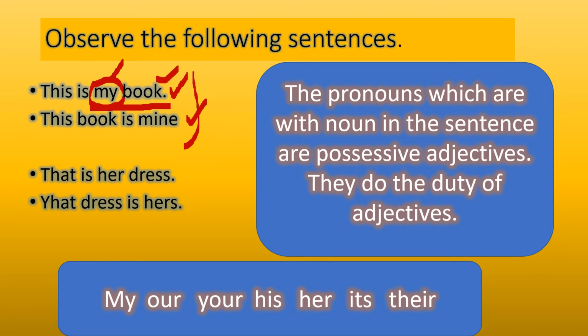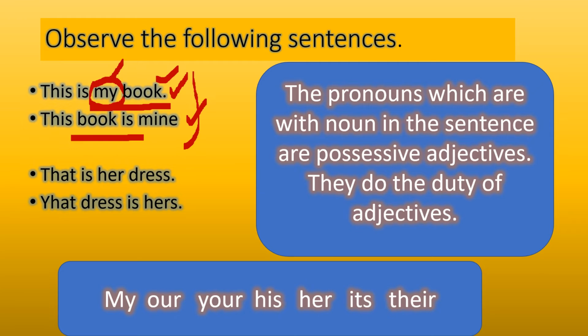I have told you that when a word describes a noun or a pronoun, it is named an adjective. So here in the first sentence, my is doing the duty of an adjective, which is describing the noun book.